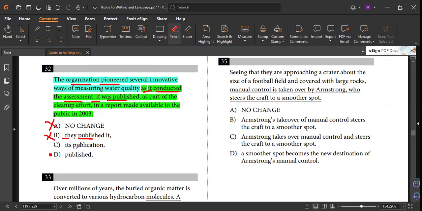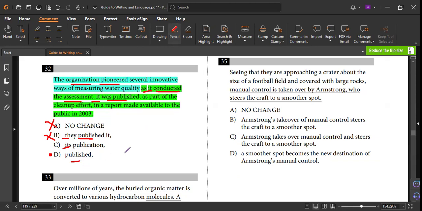So if you said it's a publication, you describe the assessment as a publication. But how? And what does it refer to? It does not refer to anything. Plus, we cannot say the assessment is a publication, but we can say published.